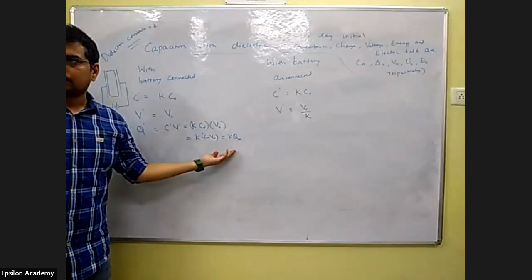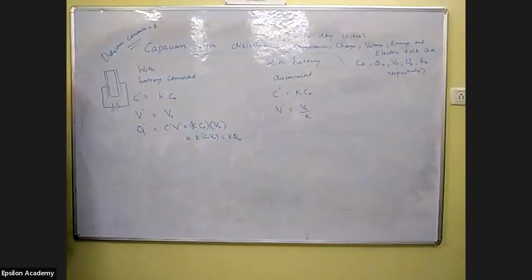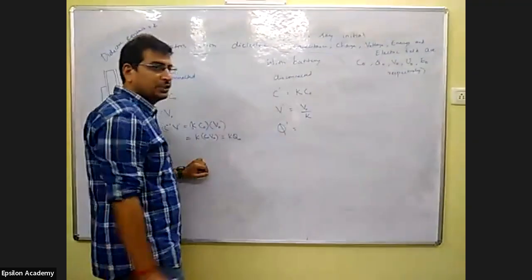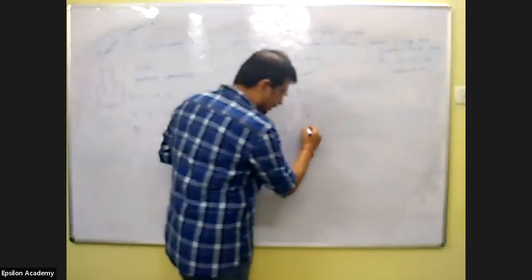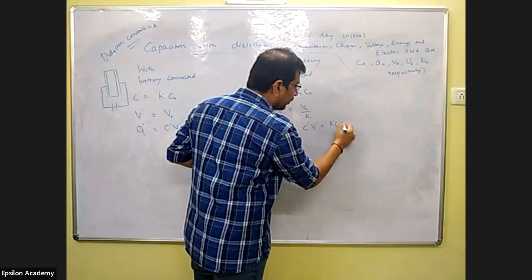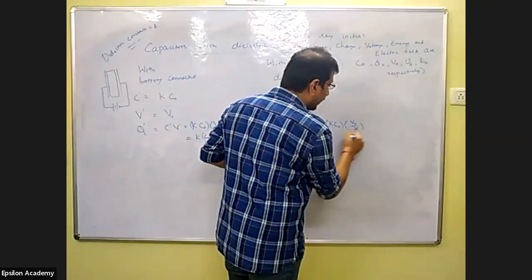Then what about the charge when the battery is disconnected? You have a capacitor with the dielectric inserted. Now, what is going to be the value of Q dash? Same, C dash into V dash. This time it's K times C naught into V naught divided by K. K is going to get cancelled.